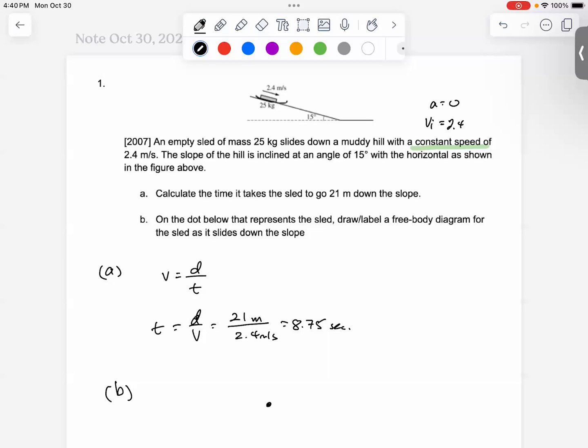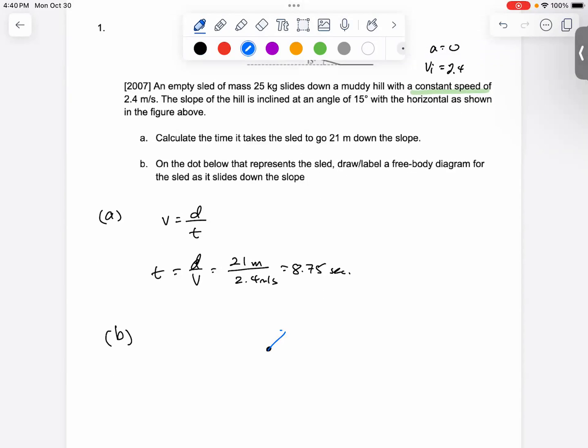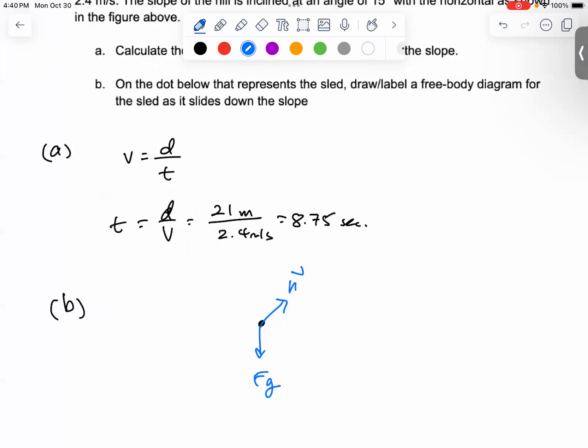All right, how many forces should there be? 3. Which 3? Normal, which is perpendicular to the surface. Gravity, which is straight down. And then what? Friction, which direction?